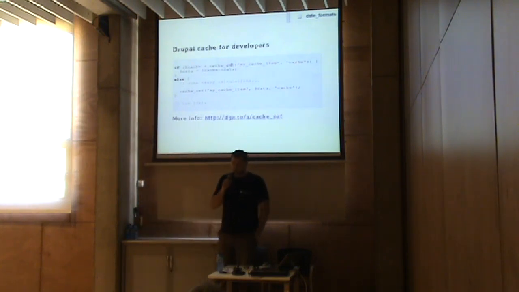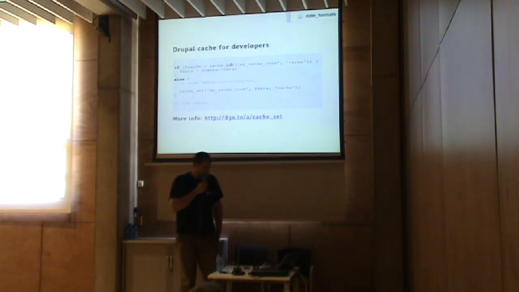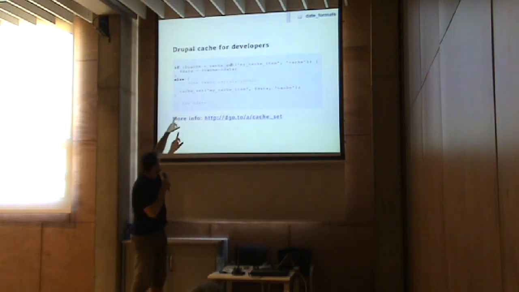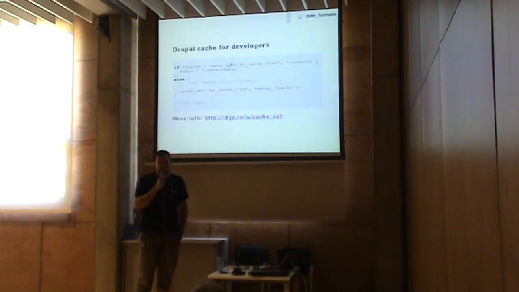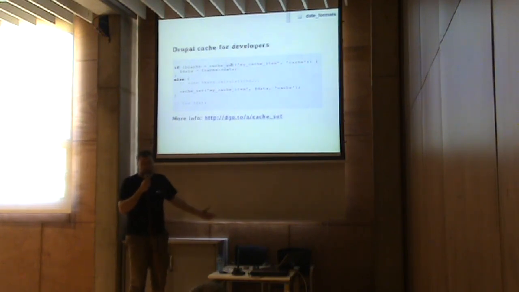If there is no cache item with this unique name in that bin, the result will be empty, so you go into the else statement where you calculate, or fetch from the database, or fetch from somewhere else.